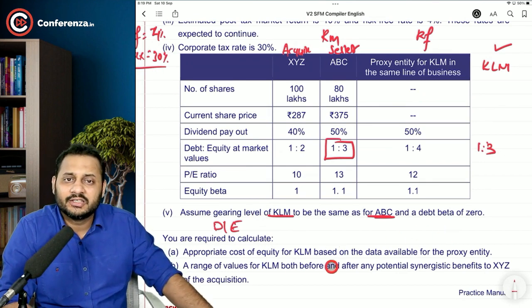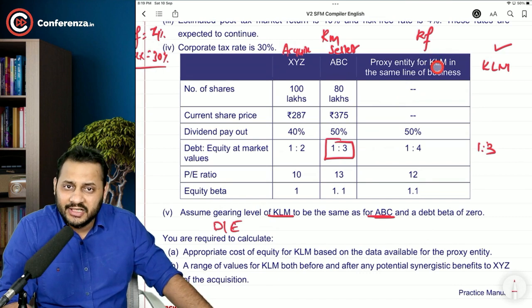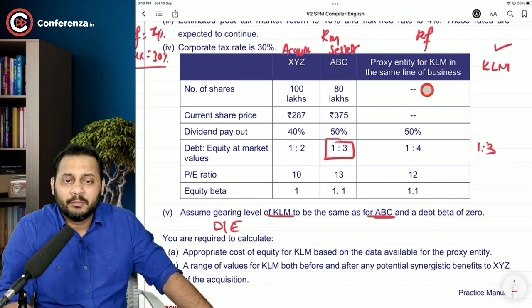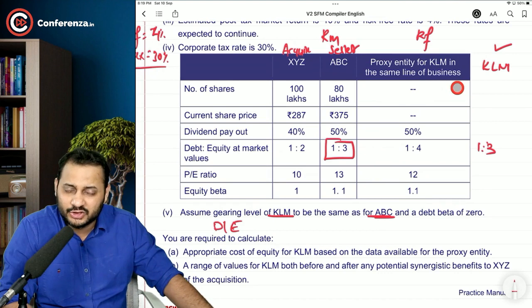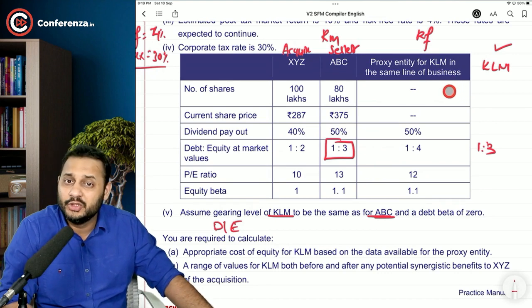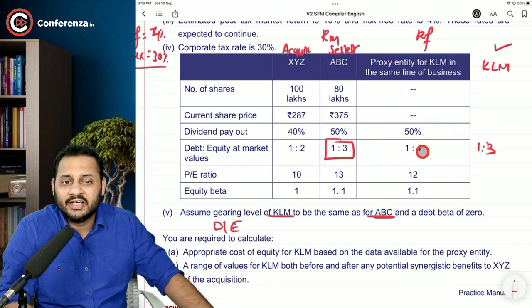Now try to understand once again. We can use the data of the proxy company, but the only difference between the proxy and KLM, both of them being in the same line of business, is this. So maximum data will match and we can use the data of the proxy for KLM. But the only difference is the debt equity ratio. The debt equity ratio of the proxy entity is 1:4, whereas KLM's is 1:3.